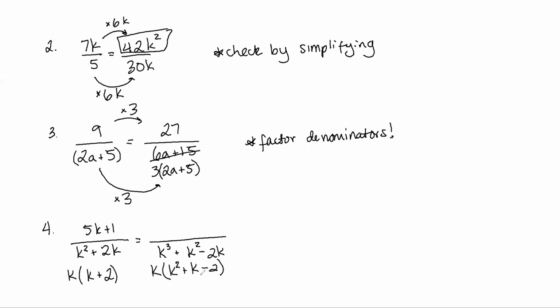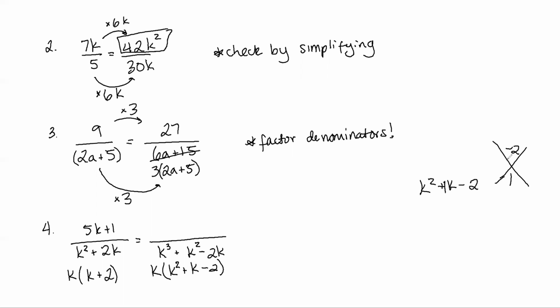So we're not completely done factoring here. Even though we took out the greatest common factor, we can still factor this k squared plus k minus 2. So I'm going to go ahead and factor that out over on the right here. So this is a trinomial, so big X, multiplying to a -2, adding to a 1.